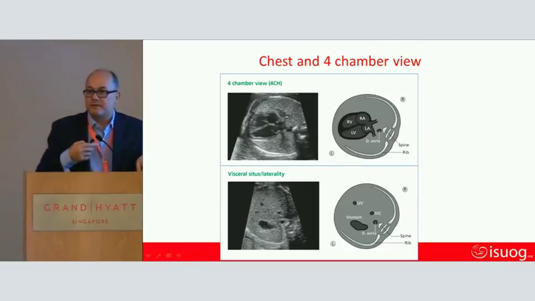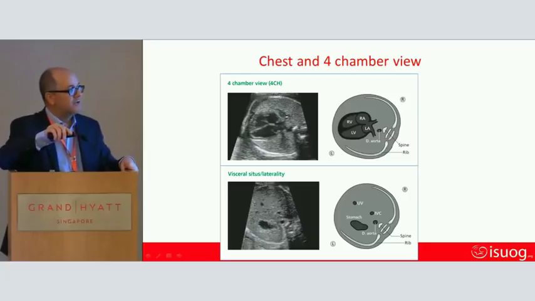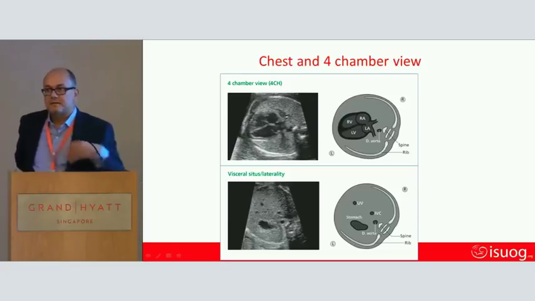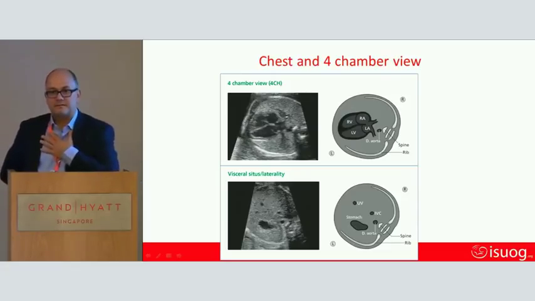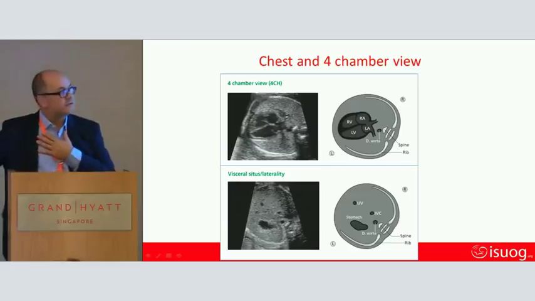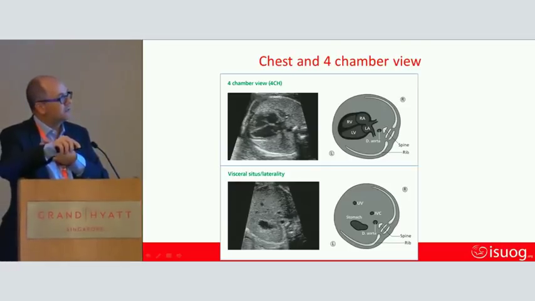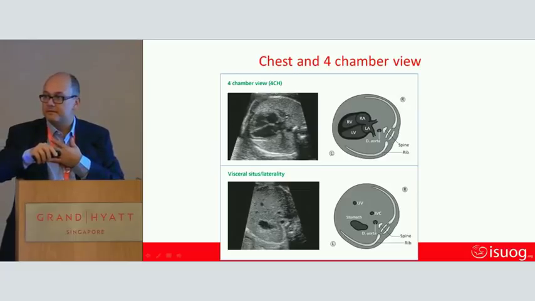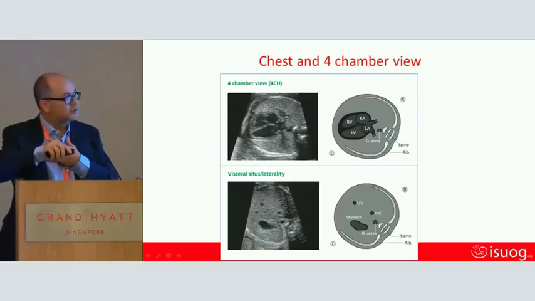And the way I always remember it is you have the spine, and opposite the spine is the right ventricle. So always look for the spine, and opposite the spine is your right ventricle. Remember, the spine is right. Spine, right ventricle. Once you know where your right ventricle is, you can work out the rest. So right ventricle opposite the spine, left ventricle, left atrium, right atrium. Okay? But you need to make sure that it's on the correct side.